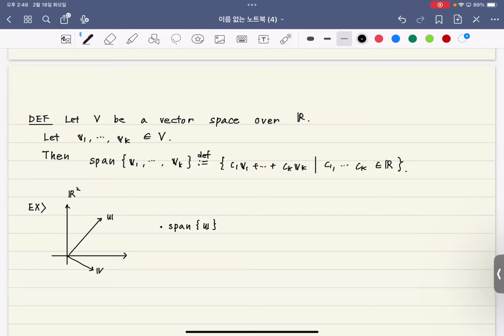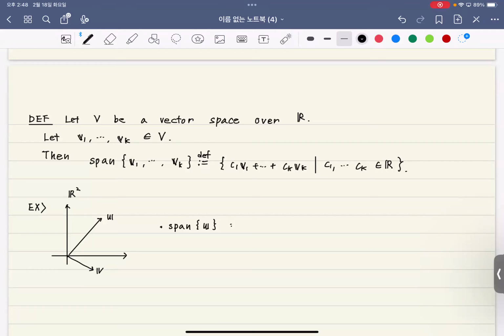That is nothing but the collection of scalar multiples of vector u, right? So as long as my vector u is not a zero vector, the span of u should be visualized as a straight line stretching to this infinity and that infinity, passing through the origin and parallel to vector u, right? So this is how you visualize the span of one vector.